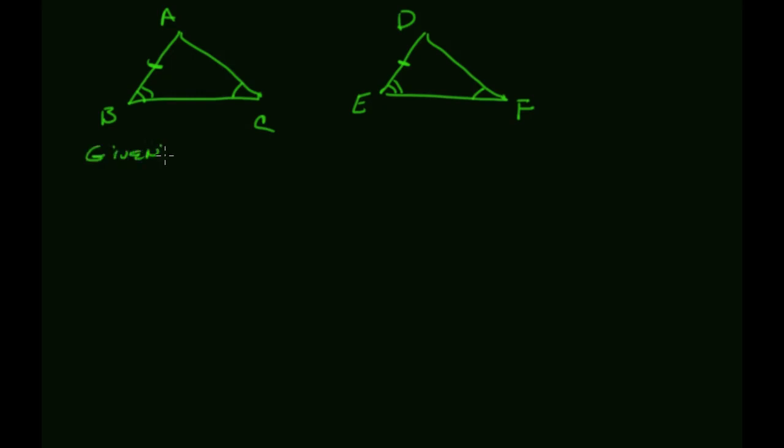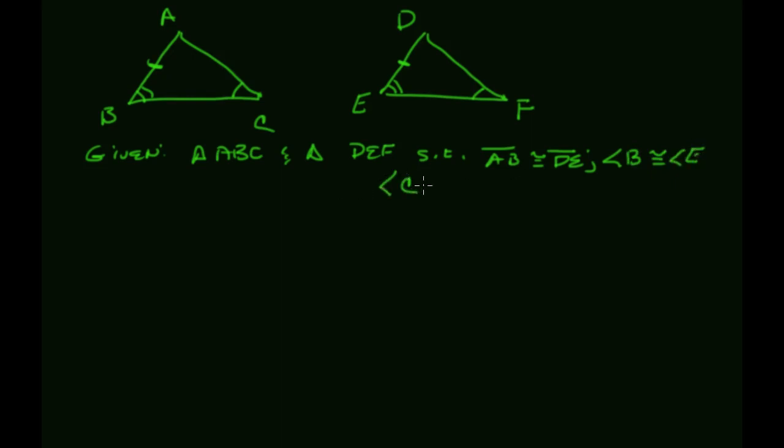We're given triangle ABC and triangle DEF such that segment AB is congruent to segment DE, angle B is congruent to angle E, and angle C is congruent to angle F. And what we want to prove is that triangle ABC is congruent to triangle DEF.